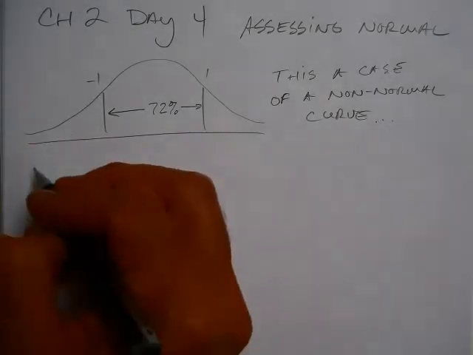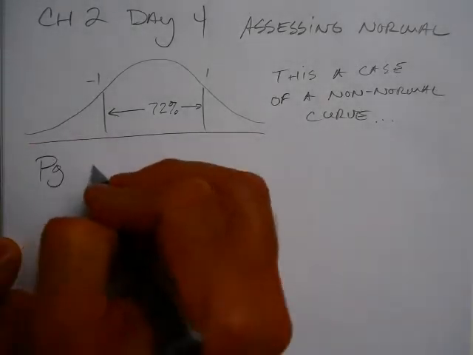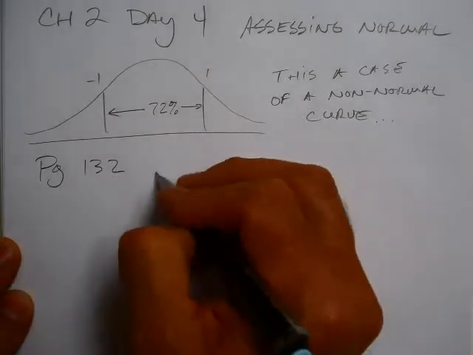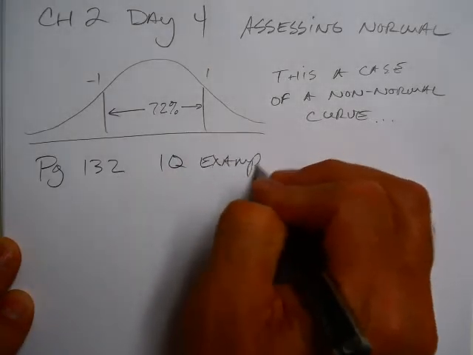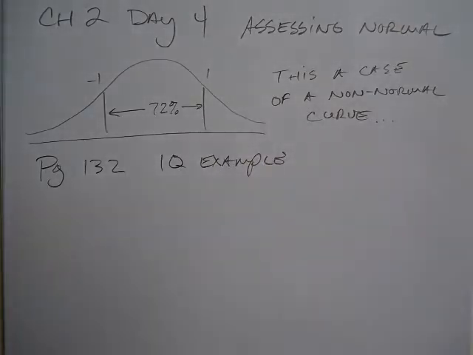On page 132, we have an IQ example. What we need to do on page 132 is put in some data. I'll put it up here for you, but it'd probably be easier if you look at it in your own book.